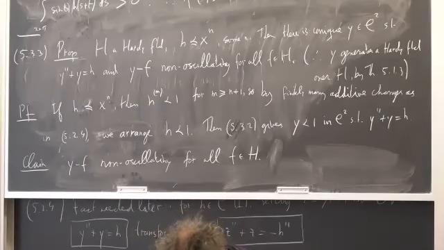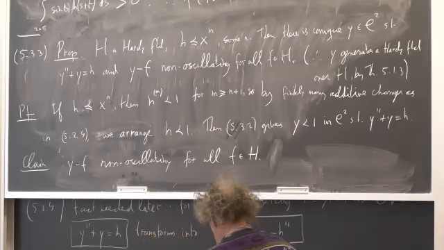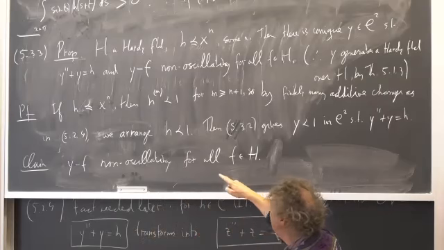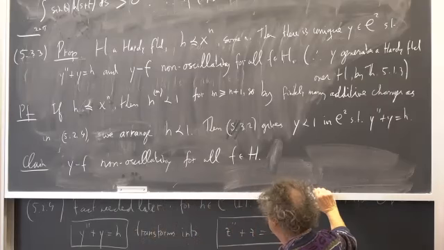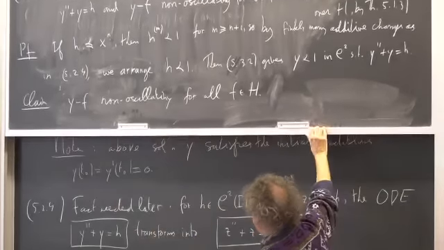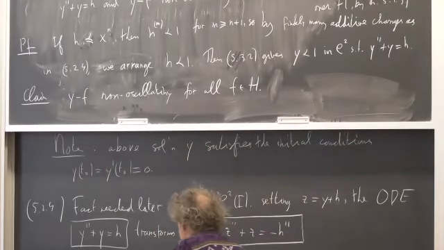Okay, suppose towards a contradiction that it does oscillate, that you have an f in H where f minus y does oscillate.